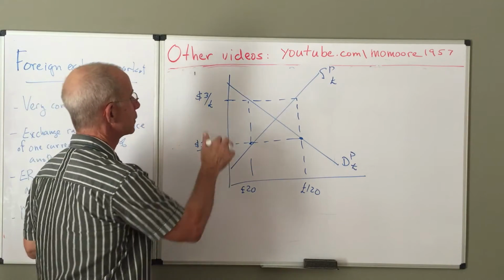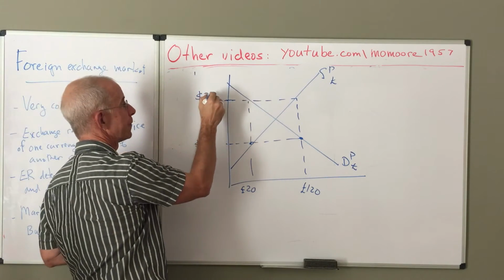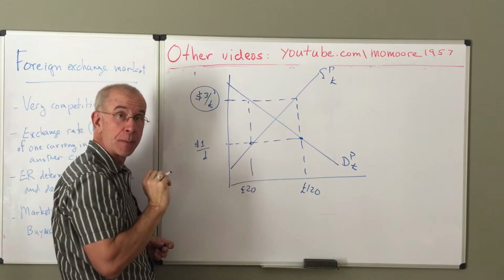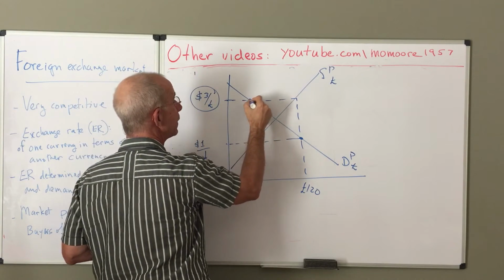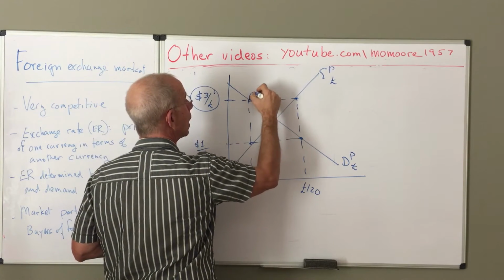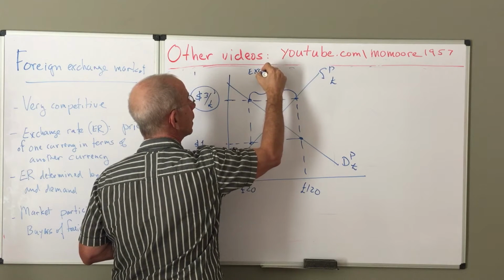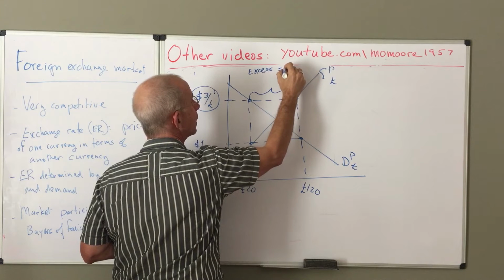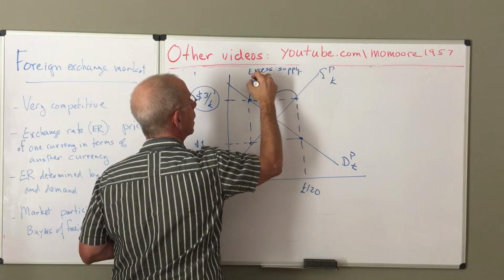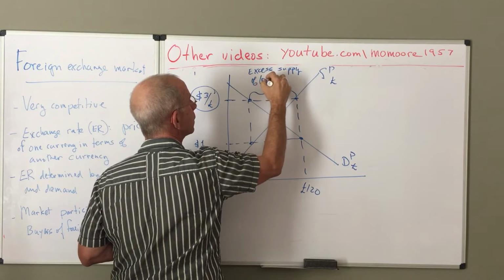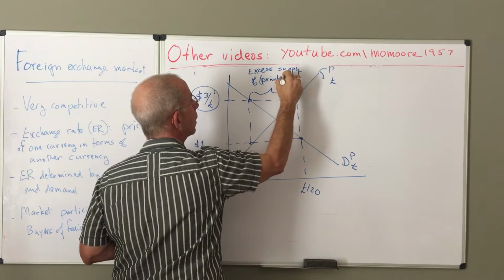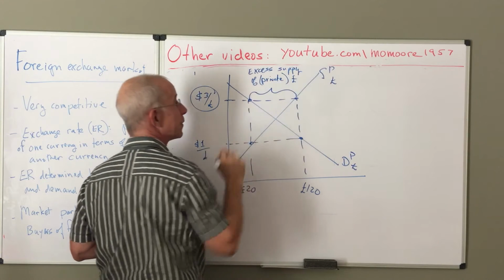So let's talk about this one up at the top first, this $3 per pound. What you have here is an excess private supply of pounds in the foreign exchange market.